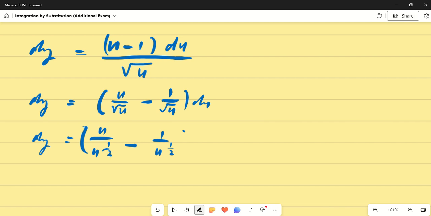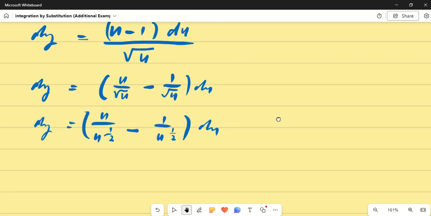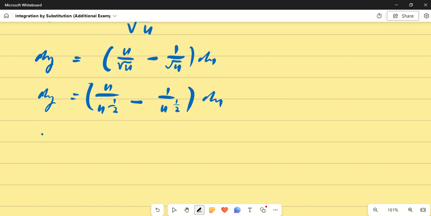Then of course you enclose this inside the parenthesis, and then we simplify. You have here your dy. And if you notice here, we have expressions with the same bases. So you can apply the laws of exponents here. You have your u raised to 1 over u raised to 1 half.